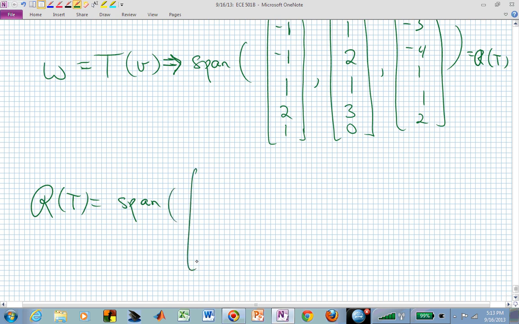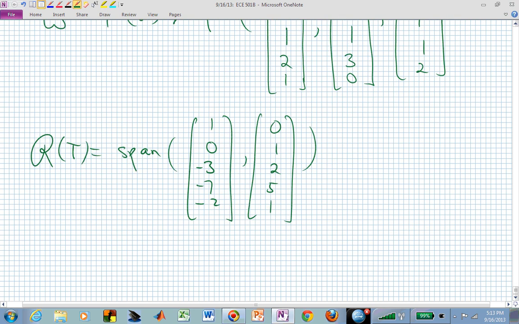And in fact, you can show that the span of those 3 is covered by 2 vectors. So now that we're awake, we could see that 1, 0, -3, -7, -2, that vector span, and 0, 1, 2, 5, and 1 are the only directions that we can span.